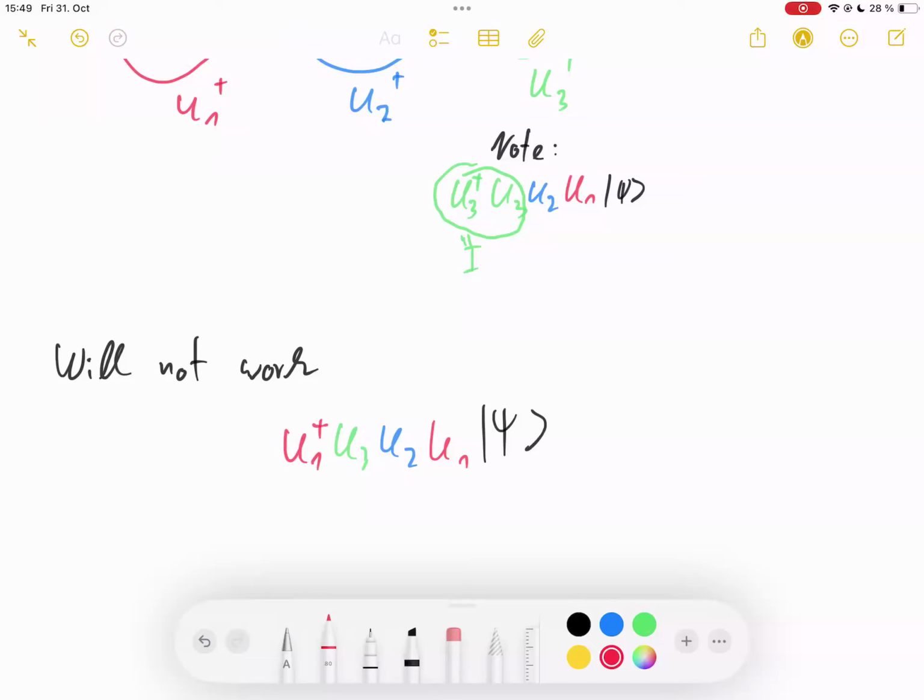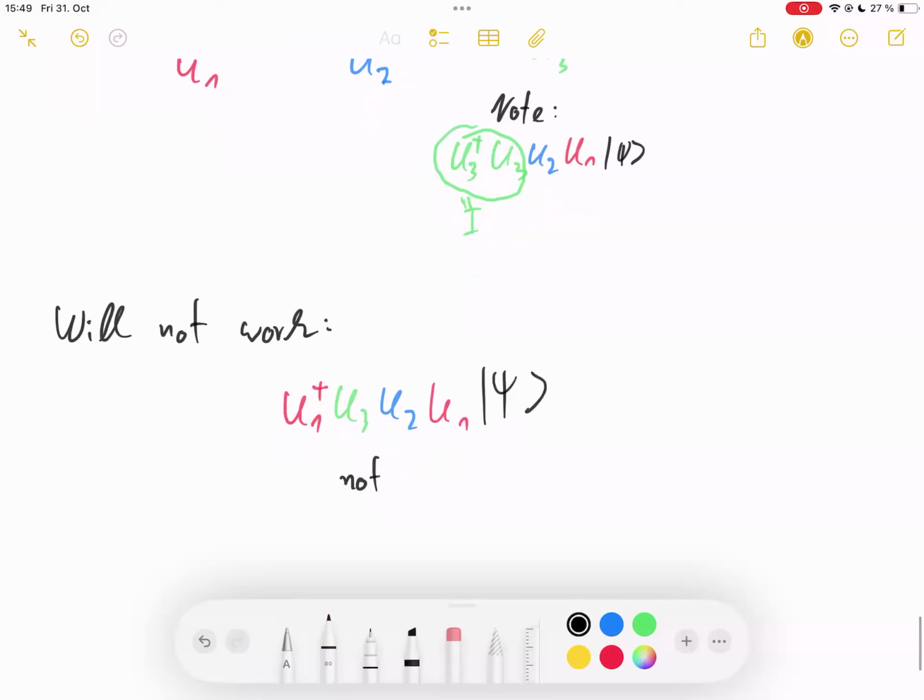Obviously, it's a valid operation to multiply this here with U1 dagger, but it will not undo the operation. Rather, it will evolve to some other state because these matrix multiplications are not commutative in general. That's very important. And that's why doing something like this here will not just undo my U1. It's basic linear algebra, but I still wanted to mention it here.